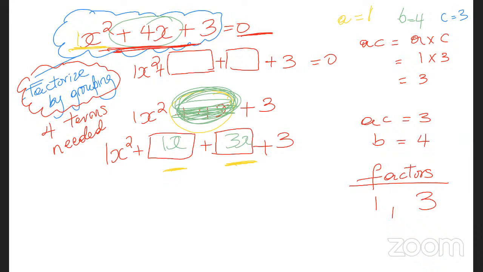Bear in mind that we haven't changed the value, because if we simplify this, what is 1x plus 3x? 4x. Good. So have we changed the value?